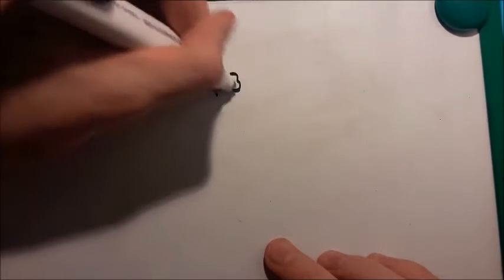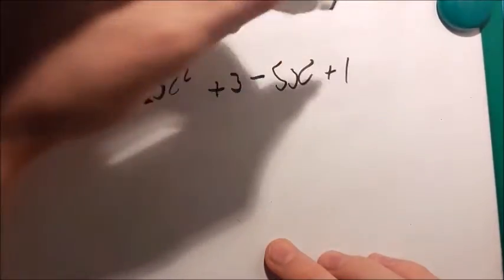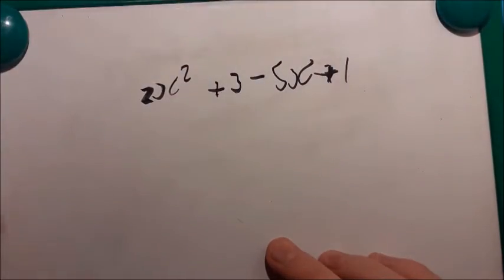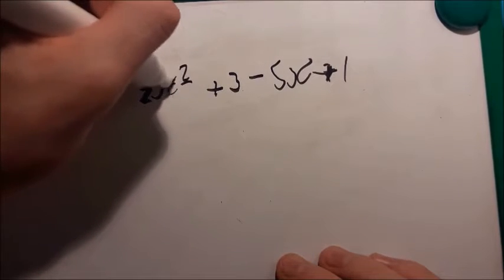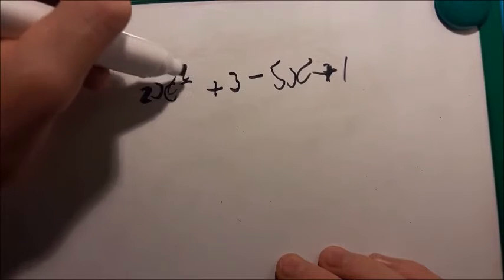Next, let's say it was 2x squared, and then plus 3 minus 5x plus 1, or negative 1, but in this case we'll have plus 1. So it's the same as we had last time, except that it's 2x to the power of 2.